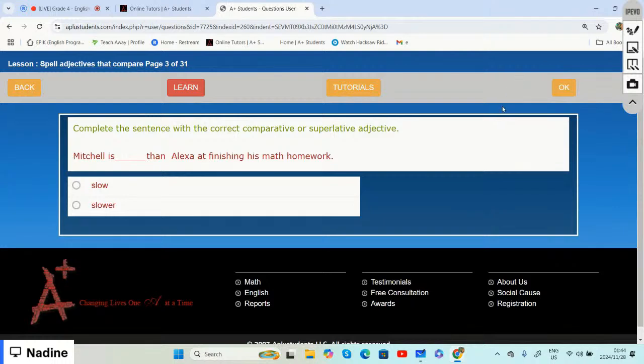The next one says Mitchell is. Do we say Mitchell is slow than Alexa at finishing his math homework, or do we say Mitchell is slower than Alexa at finishing his math homework? Slow or slower?